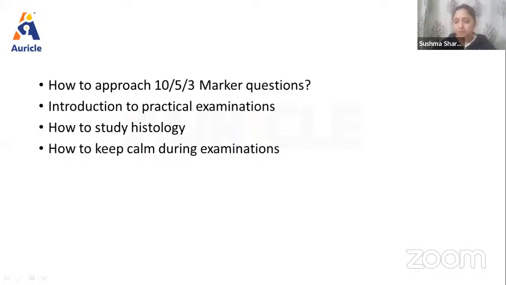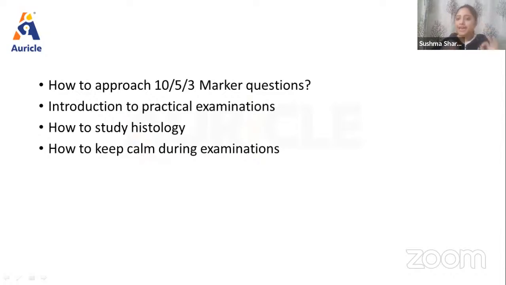So in the upcoming exam, you can expect a lot more clinical scenario based questions. This is my hunch. The questions that will be asked will not be extremely theoretical. It'll have a tinge of practicality as well.